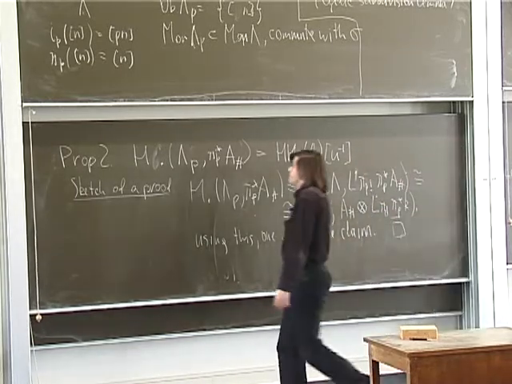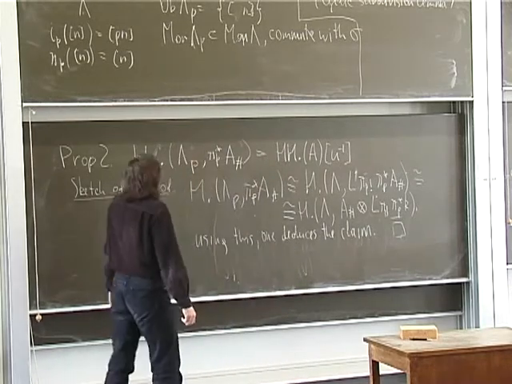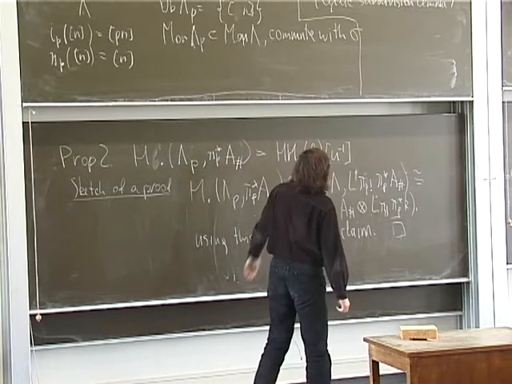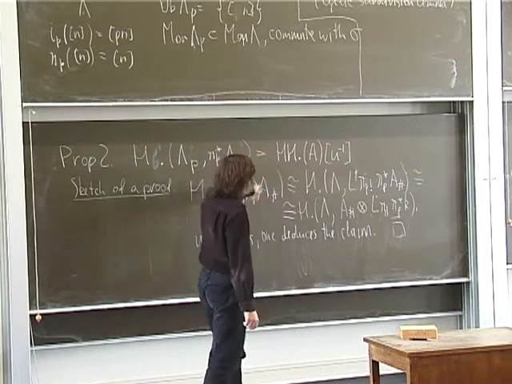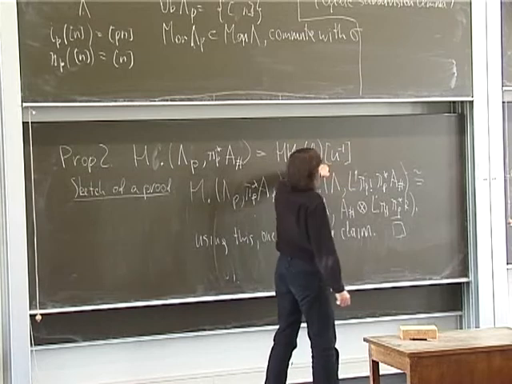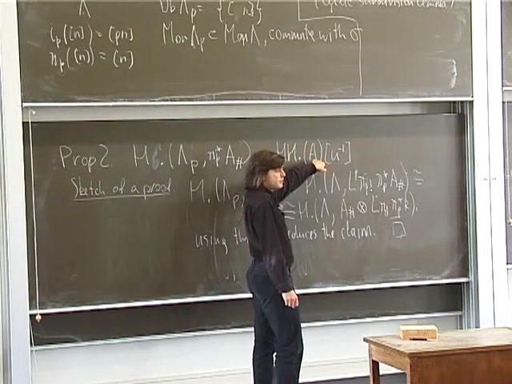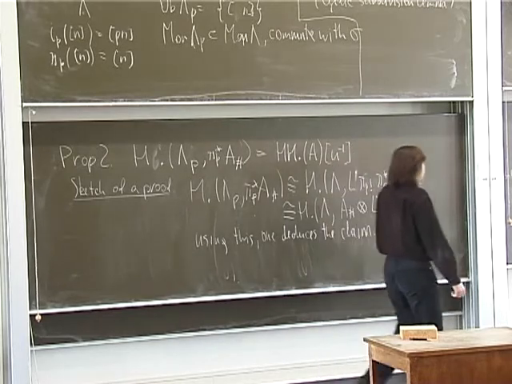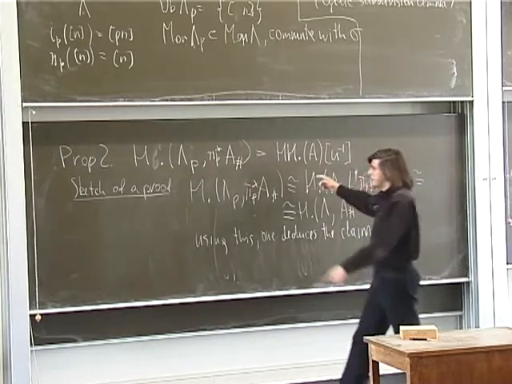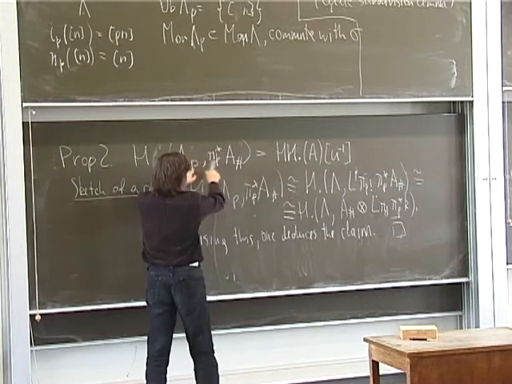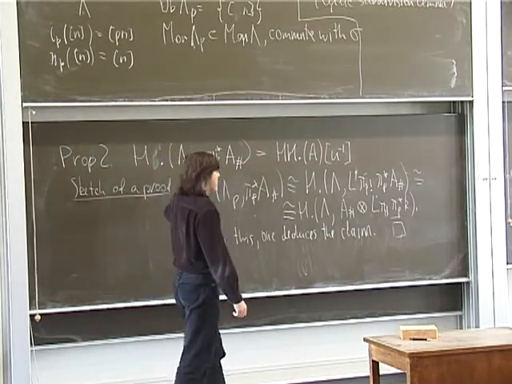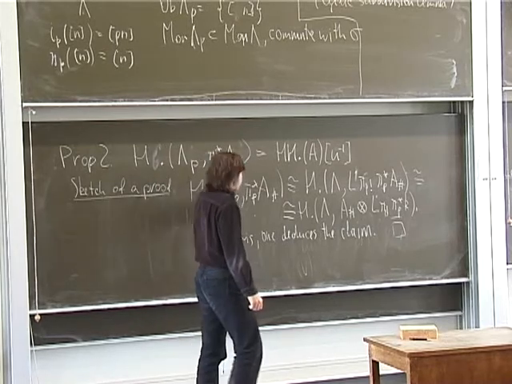Okay, so I have those two functors and I have an equality like this, and I have an equality like that. So this is more or less the left-hand side of the Cartier map which I have to construct, and there is a right-hand side. And now I can represent both as homology of the same category with different coefficients. So if I want a map from one to the other, the natural thing to do is construct a map of coefficients.